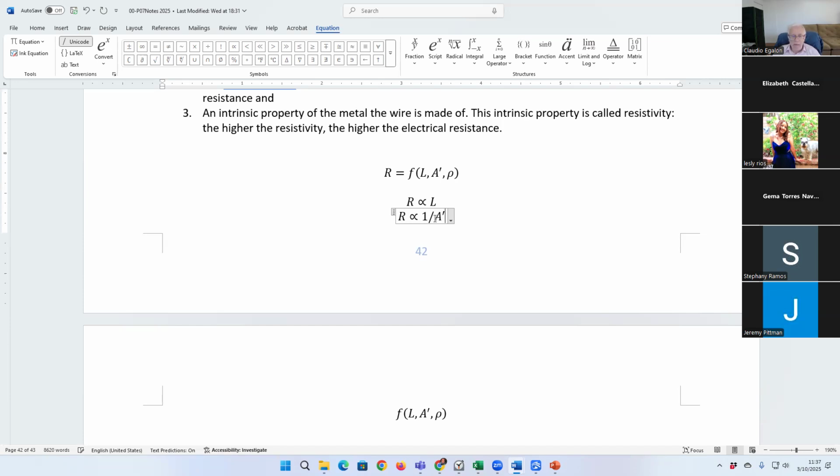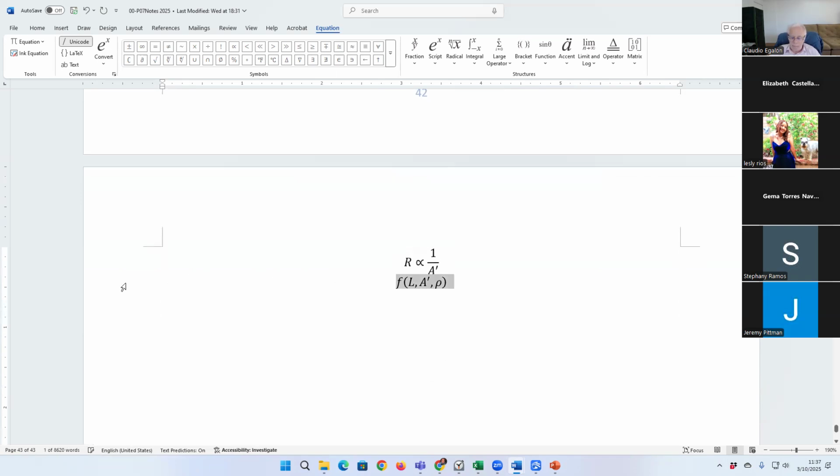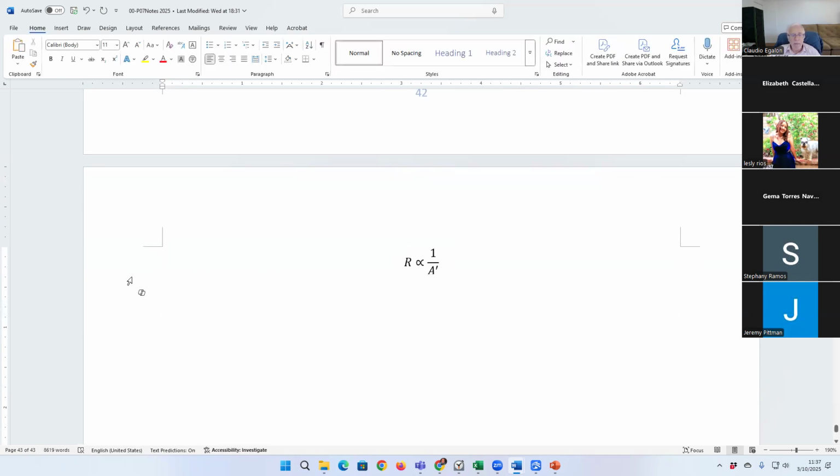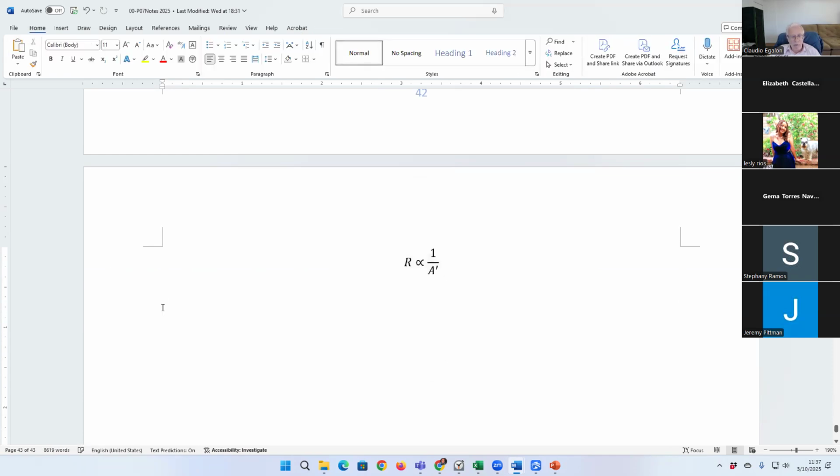And I'm using the area as A prime, and there's a reason for that, so I don't mix it up with the symbol for ampere. And it's also directly proportional to the resistivity. That's a very good model that works very well.